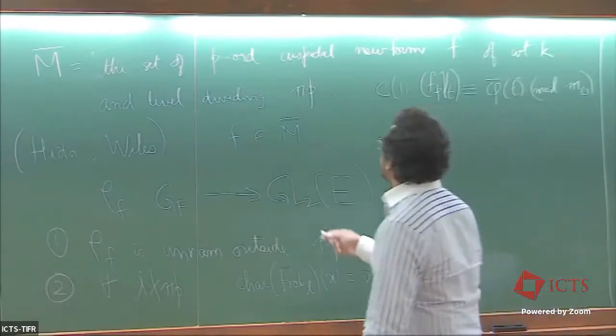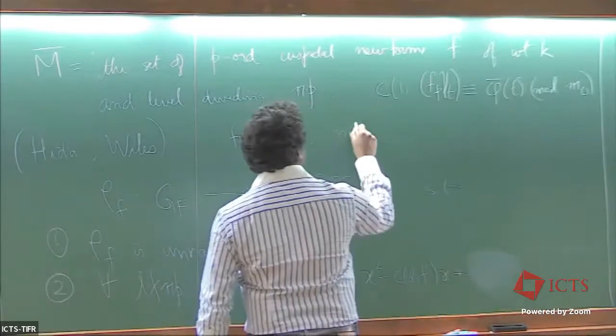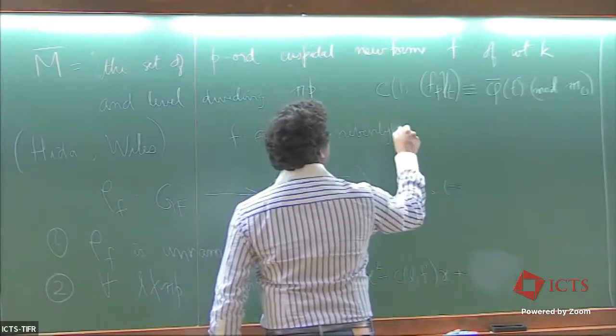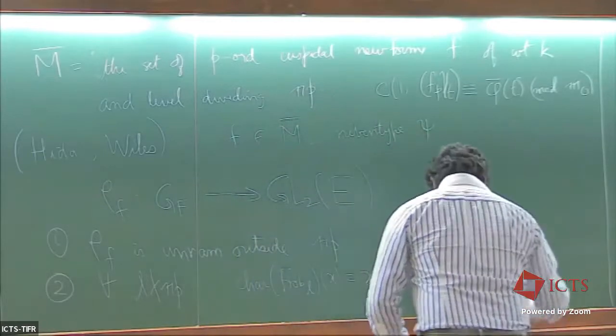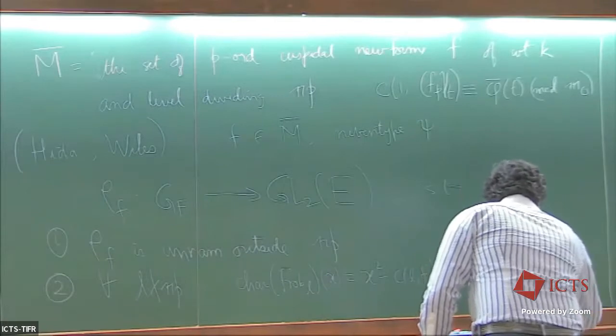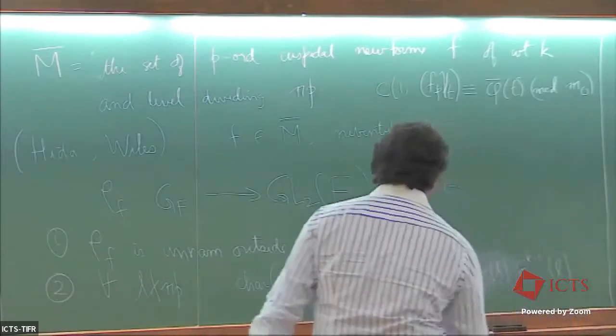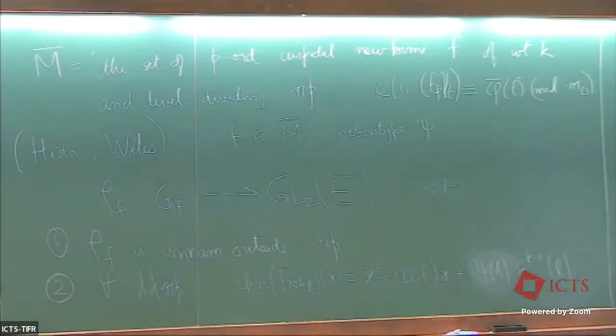This has Nebentypus psi. Just in about 10 minutes or so, I'm going to put all this in group ring families. So this is the characteristic polynomial.